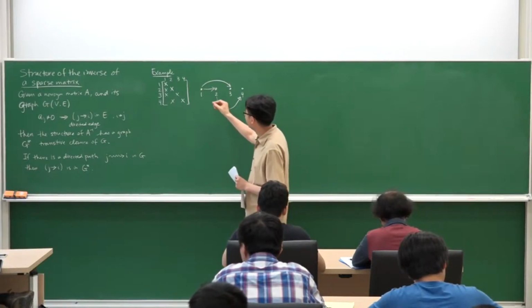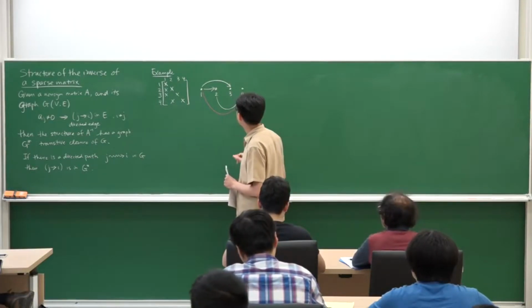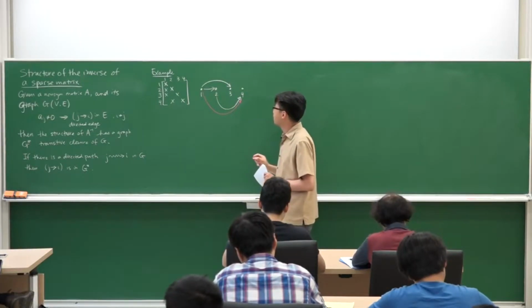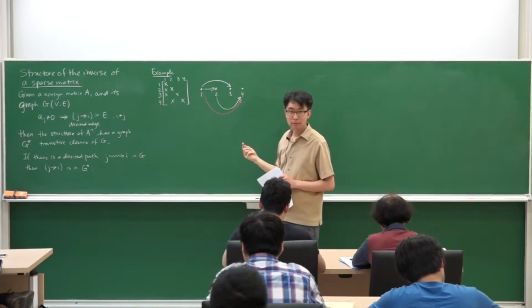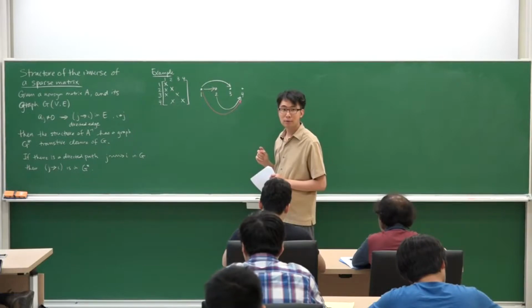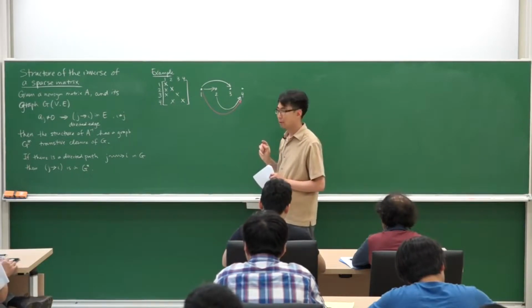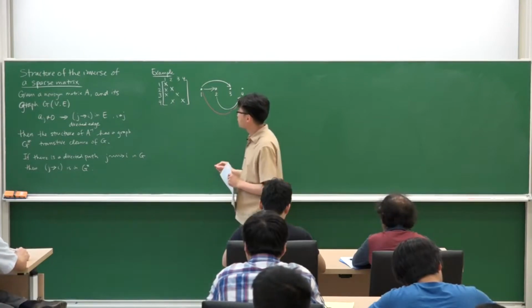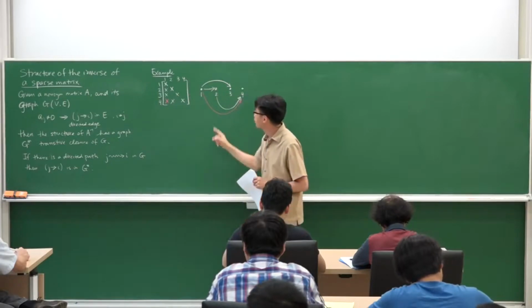So I'm going to draw in red chalk an extra edge. And all of these white edges are also part of the transitive closure. So the transitive closure has an extra edge, which is this red edge. Okay? And that means it has an extra non-zero here from 1 to 4.